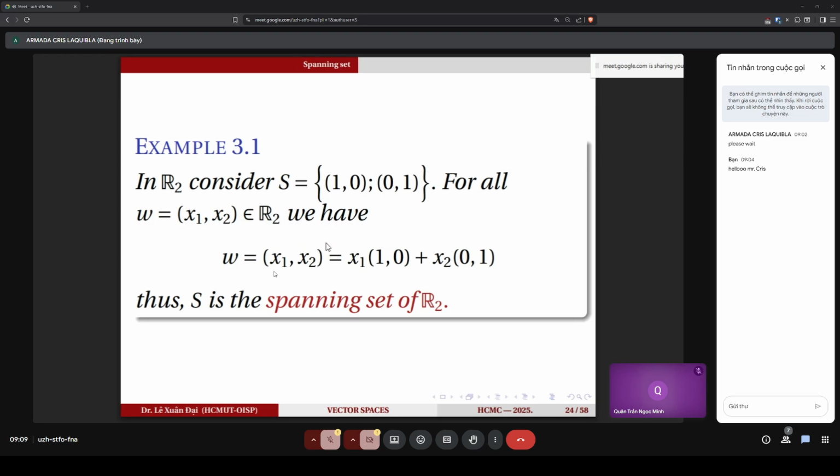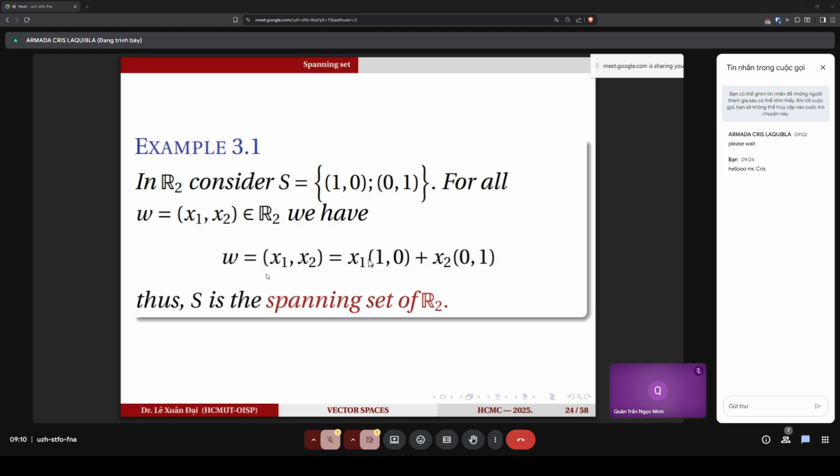We have w equal to (x1, x2), and we can express it like this: we multiply x1 with the first, and the second we multiply with x2. Now if you multiply it here, this becomes (x1, 0) plus (0, x2). Then when you add it, it's (x1, x2).